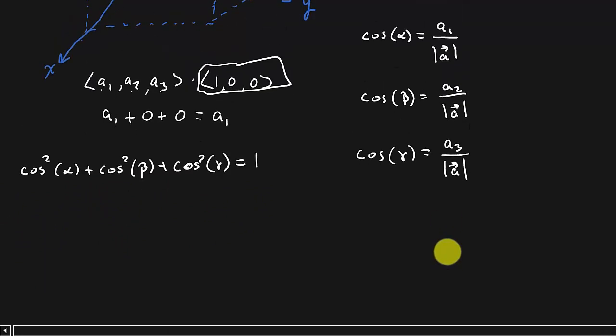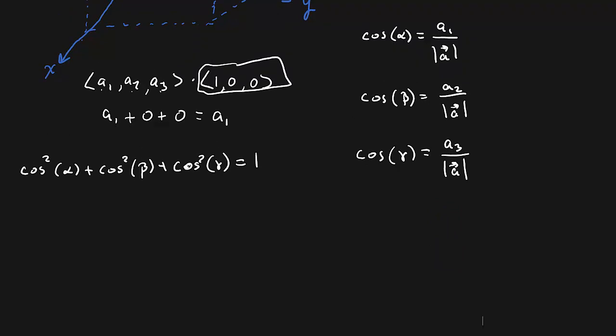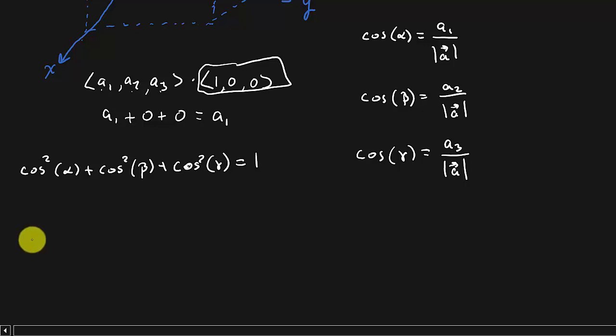So let's look at a way that we could write vector A. If vector A is A1, A2, A3, right?